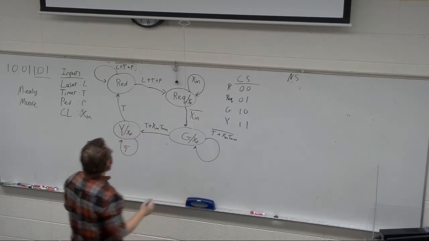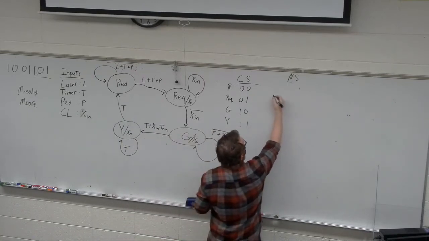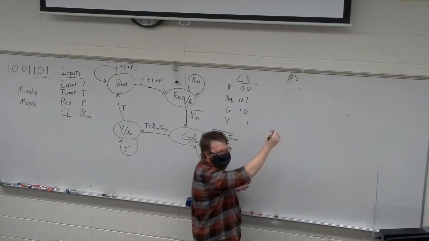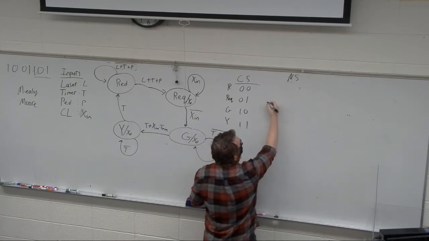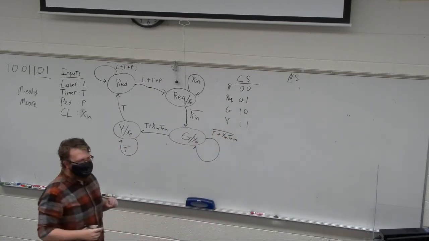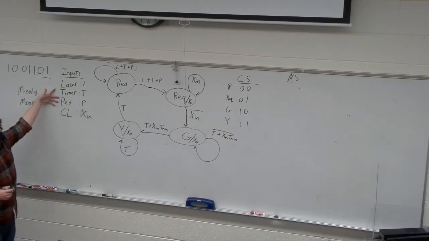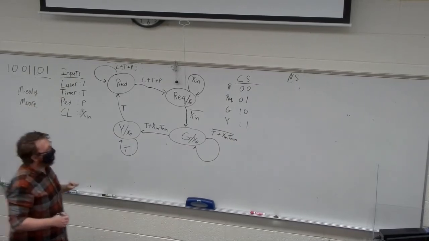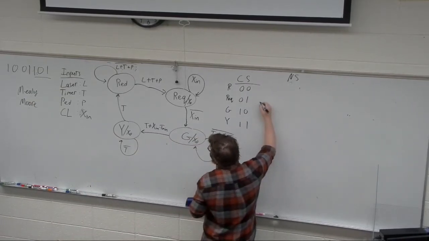Okay, so the next state, we're going to have a lot of these. This is where it starts getting a little complicated because I have to deal with potentially all 4 inputs, and this table is going to get messy really quick. But let's go through the process for starters.